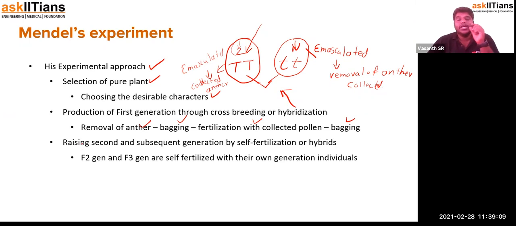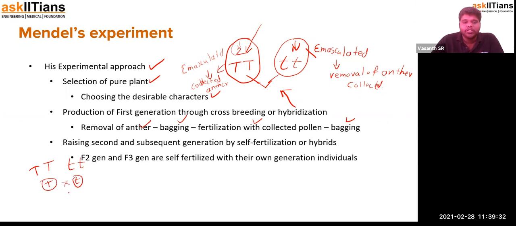And the next one is, when the first generation is formed by the hybridization of pure plants, the second generation formed from the first generation would be by selfing of the F1 to give F2. So when you say the first generation is capital T small t, the gametes formed will be capital T and small t.